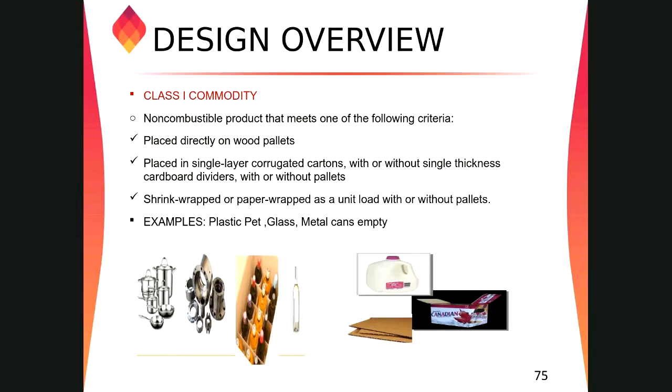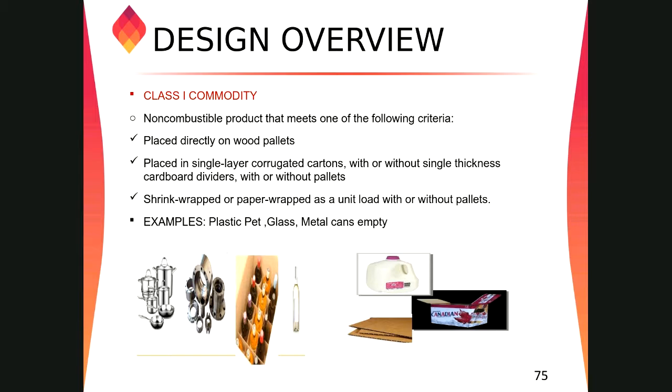And if you look at your handbook, the manual we have given to you, you must have downloaded that. All the types of class 1 commodities are there, and you can check in NFPA 13.